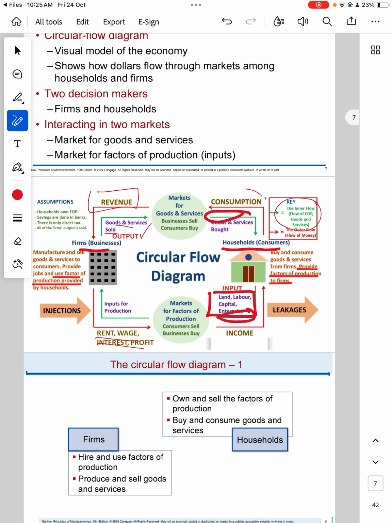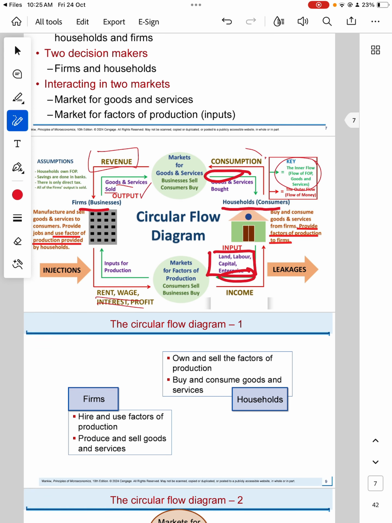Meaning that the firm will pay wage, rent, interest, or profit to the household, and the household will use that income to buy consumption, and from the consumption the firm generates revenue. So that explains the outside flow of this circular diagram.